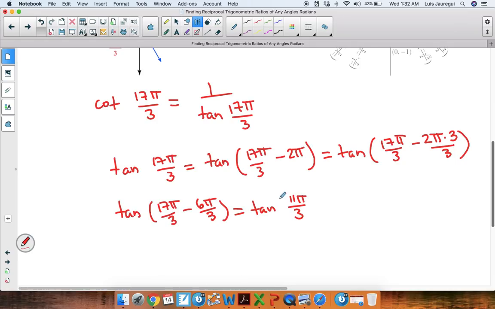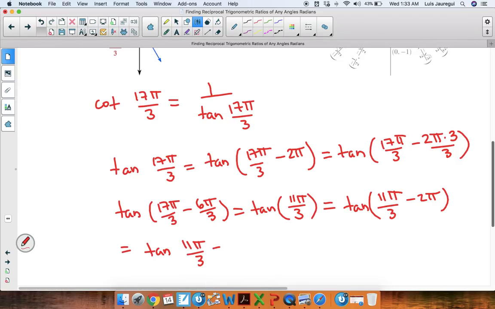Now 11 pi over 3 is still not an angle on the unit circle, so we're going to get the tangent of a coterminal angle. So tangent of 11 pi over 3 minus 2 pi. Now this is the same as tangent of 11 pi over 3 minus 2 pi times 3 over 3, which will give you tangent of 11 pi over 3 minus 6 pi over 3.